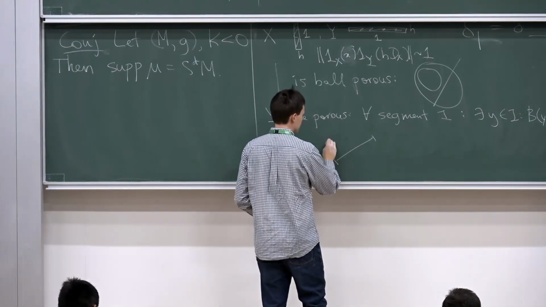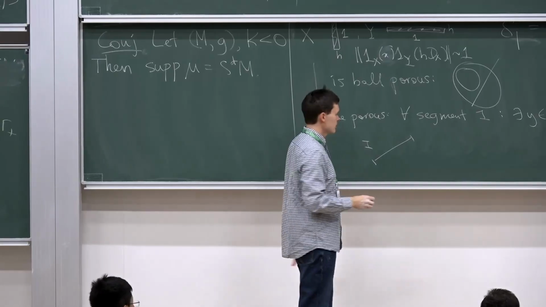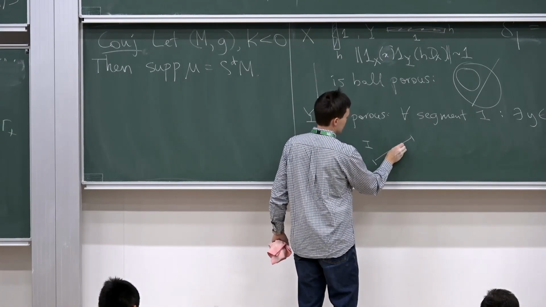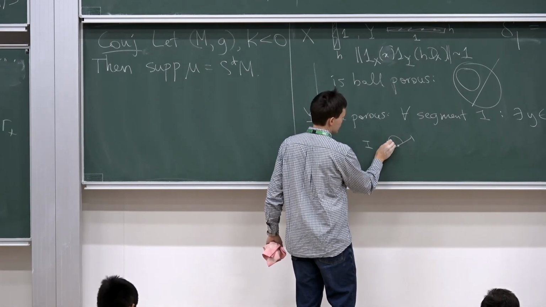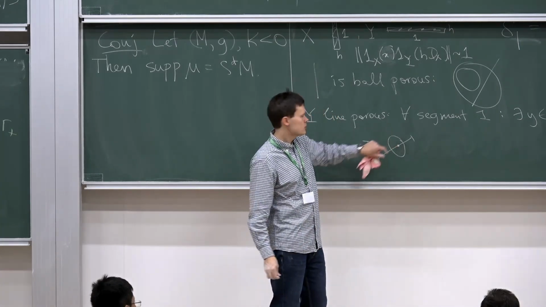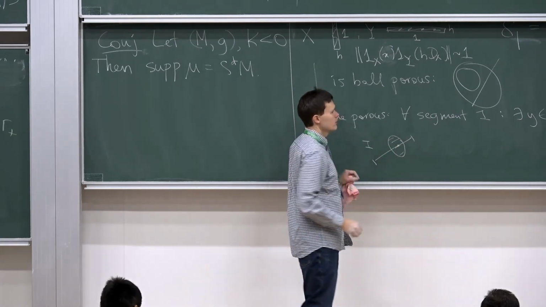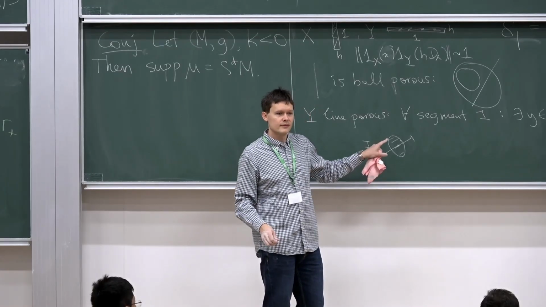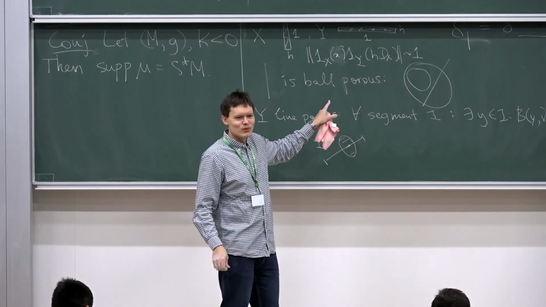I take an arbitrary I here, and the condition is that there exists a point so that a ball centered at this point, of some fraction of the length of the interval, does not intersect your set Y. Okay? So a line is not line porous, right?